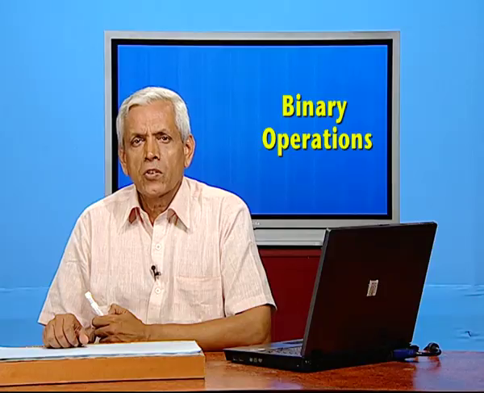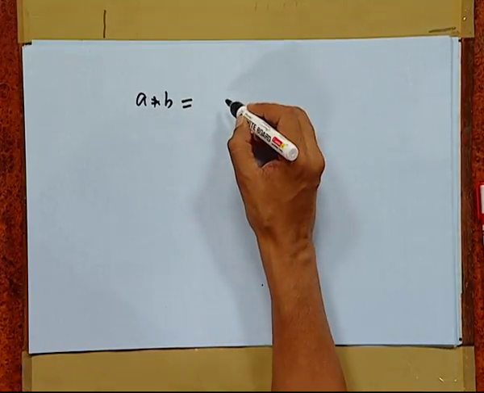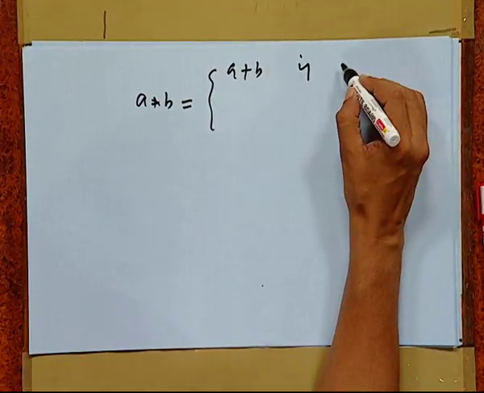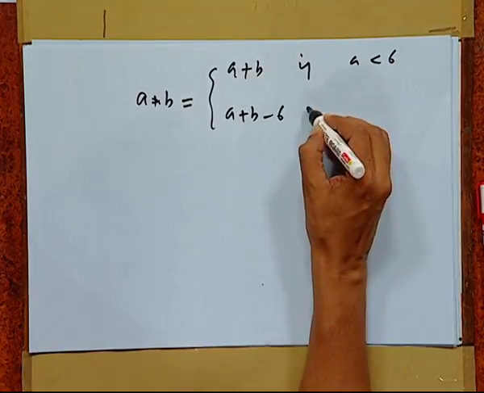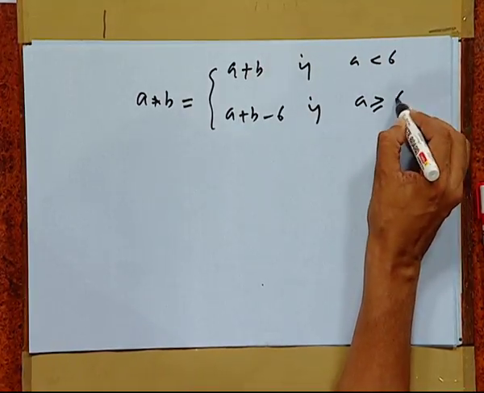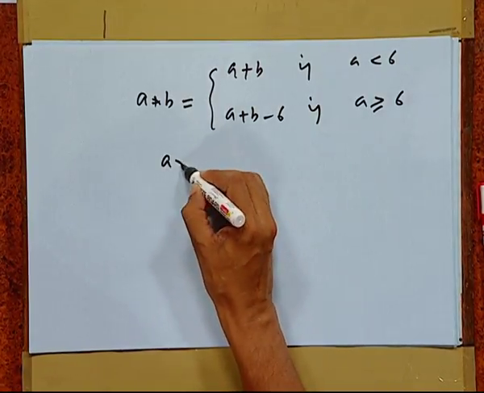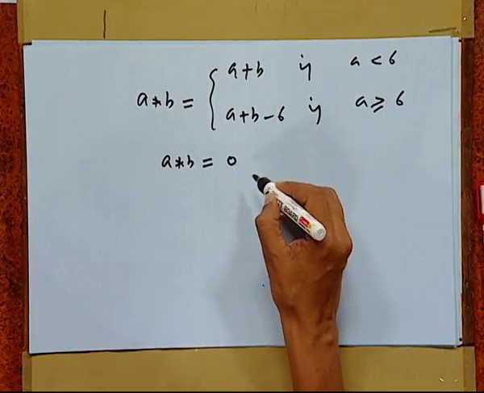Our next task is to find the inverse of a when a is non-zero. Suppose inverse of a is b. We have a star b is equal to a plus b if a plus b is less than 6, and a plus b minus 6 if a plus b is more than or equal to 6, but we want a star b to be equal to 0, that is e.